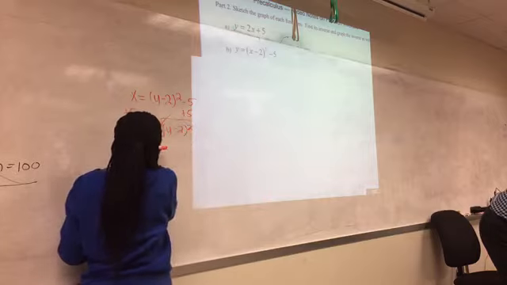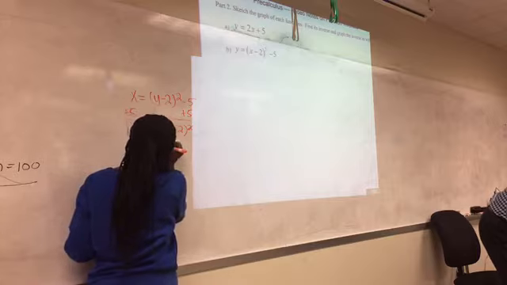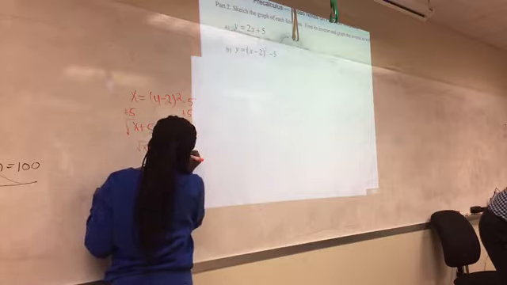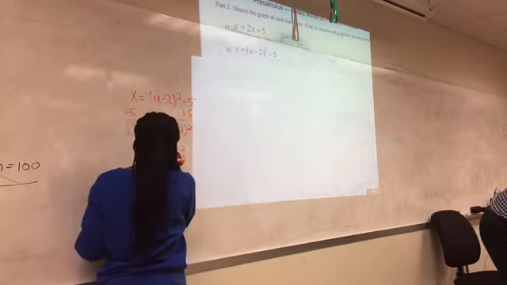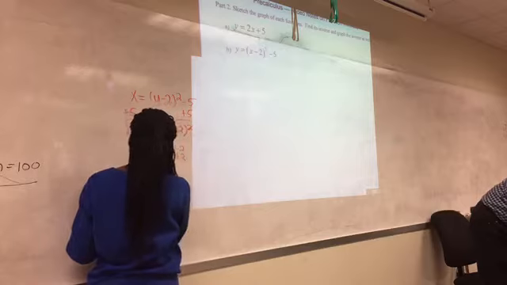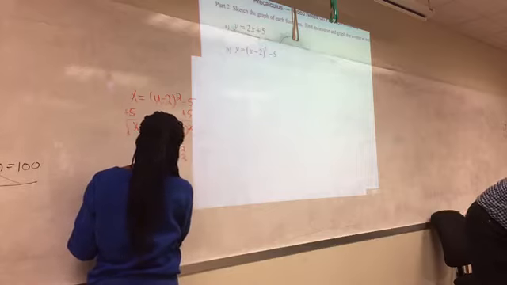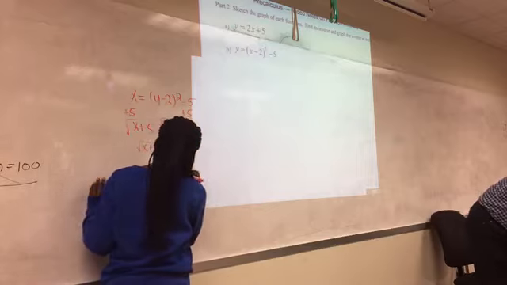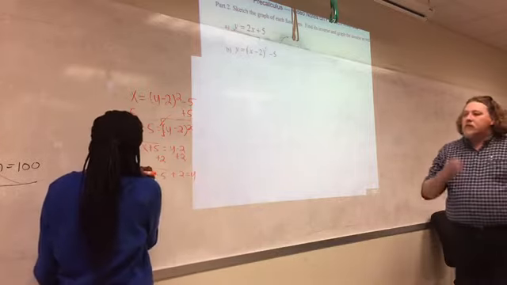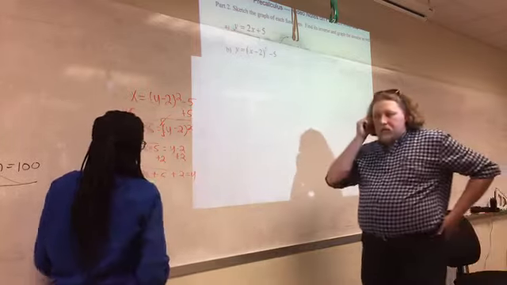Okay, so the square root of x plus 5 equals y minus 2, and then add 2 to both sides, and then we have square root of x plus 5 plus 2 equals y, but since it's a square root, we have plus or minus.